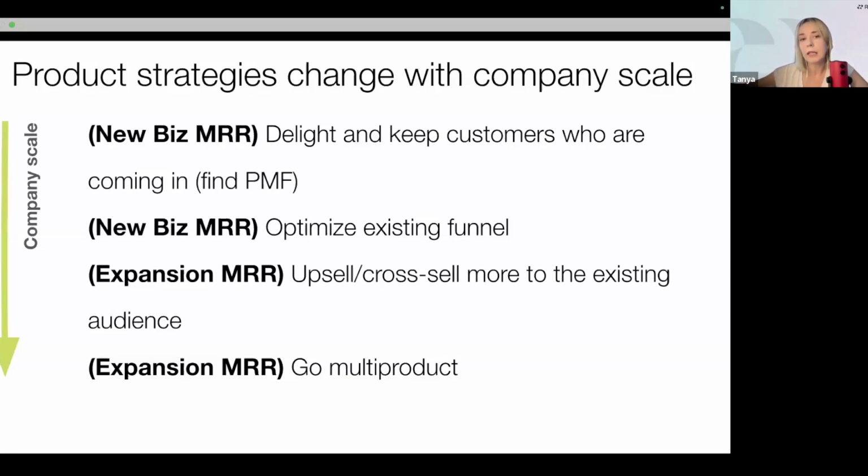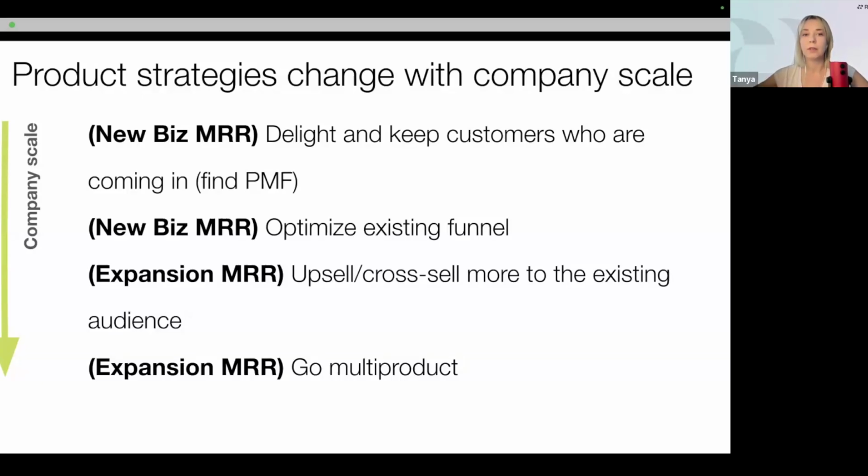Once the company scales and becomes bigger, you start to have some kind of existing audience, which is very interesting because you can upsell and cross-sell more to the existing audience. And if the company is becoming even bigger and more successful, it often goes multi-product so that it could actually offer multiple products to the same audience that it has, because it's much easier to sell to an existing audience than to acquire a new customer.